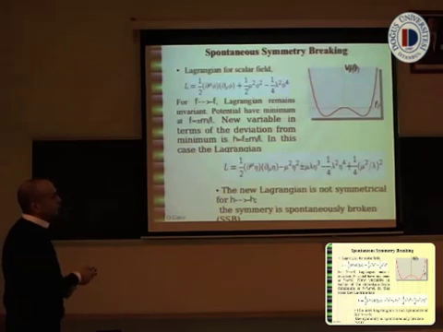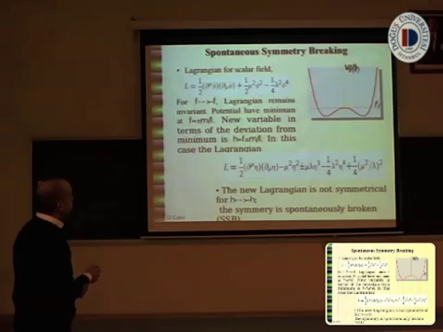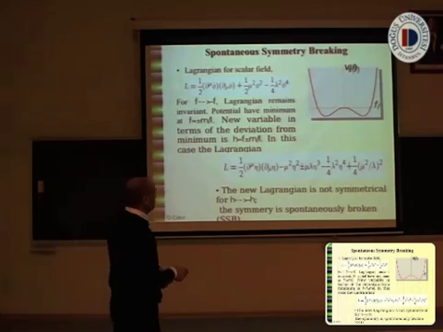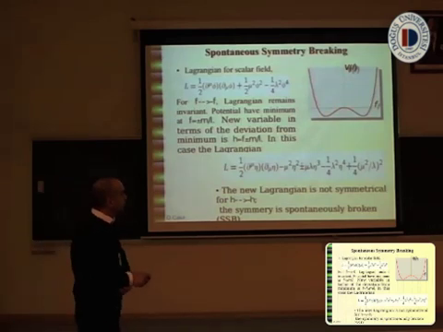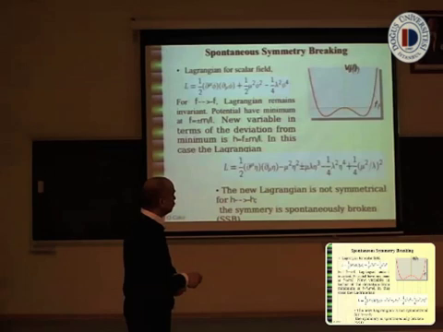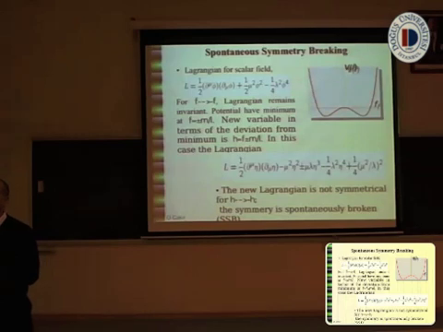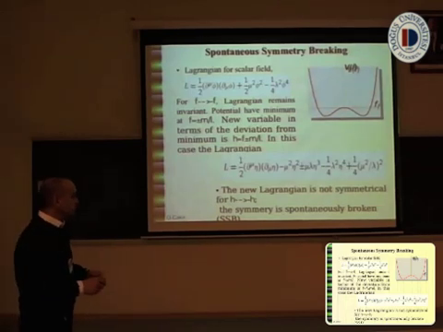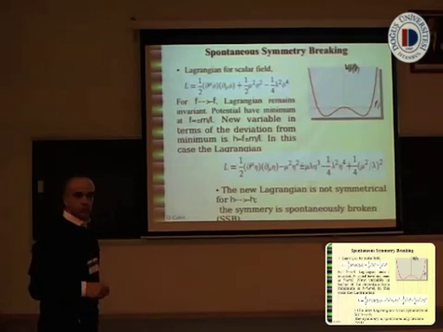If we move to one of them by transforming this field to a new variable, the converted Lagrangian is given here. If you put eta to minus eta here, there is an eta cubed term, and then this Lagrangian will not be invariant under this transformation. Then we say the symmetry is spontaneously broken.